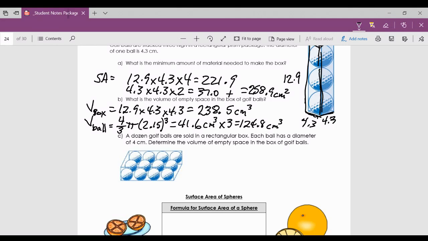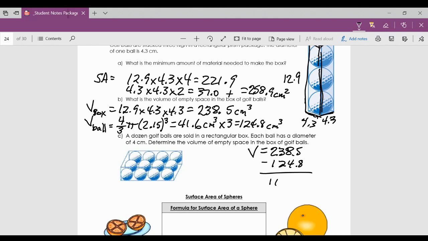So now what I'm going to do is subtract these two numbers, the 238.5 and the 124.8, and that will give me the volume of the empty space. So I'll just put that down here. Volume of empty space is equal to 238.5 minus 124.8.